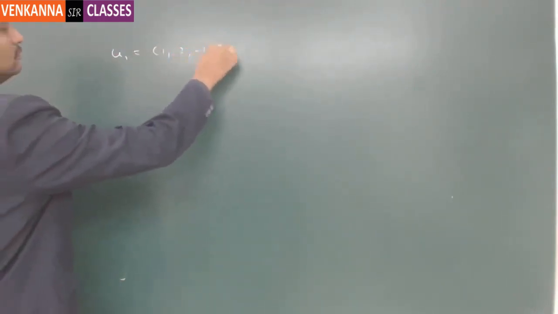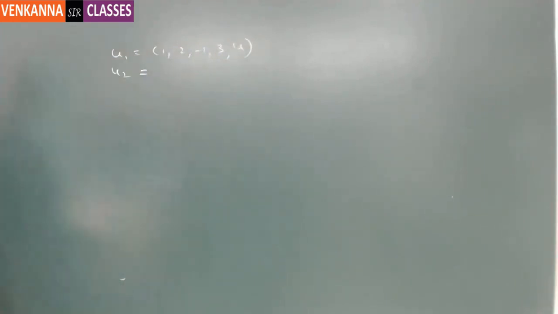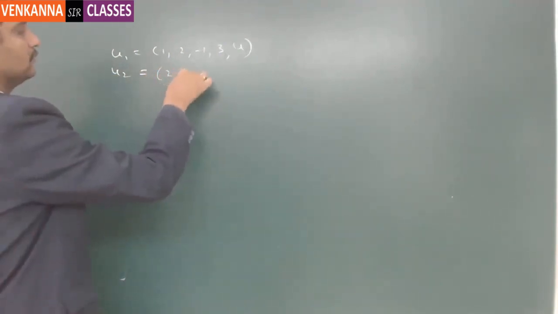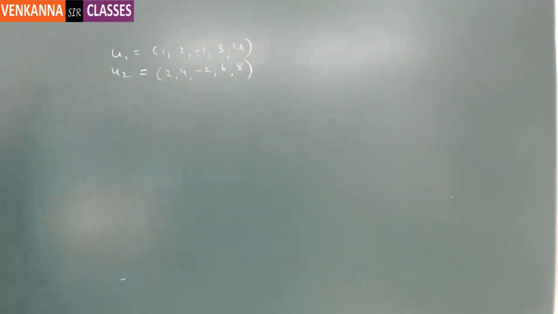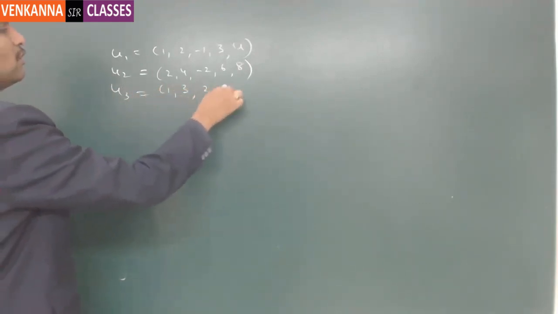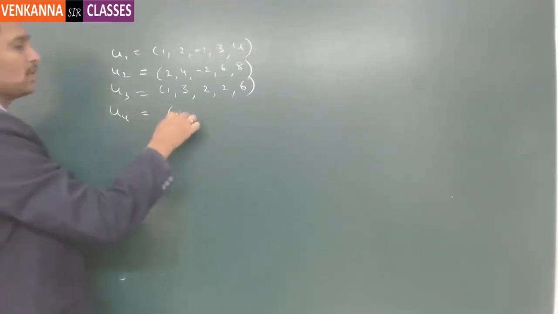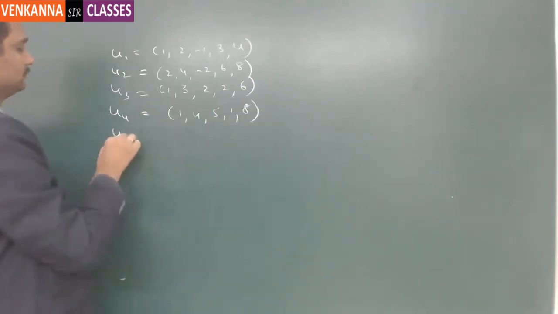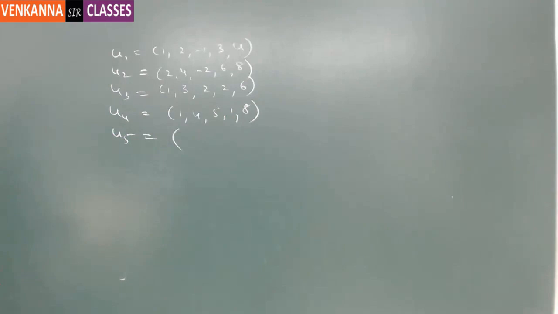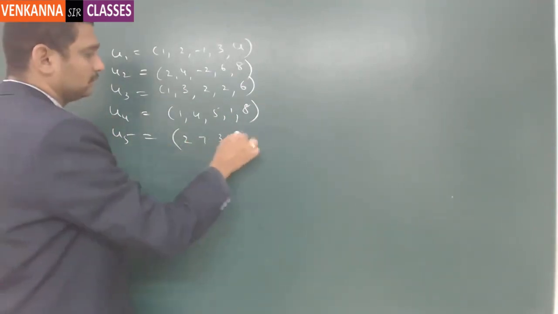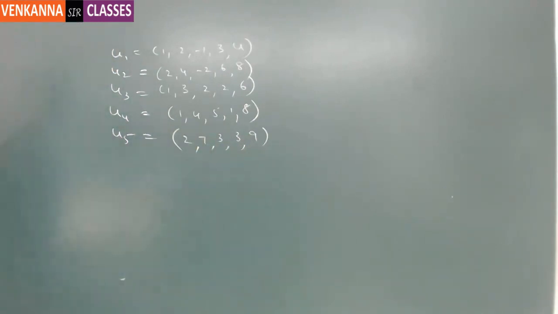Let us take the vectors u1 is equal to (1, 2, -1, 3, 4), and u2 is equal to (2, 4, -2, 6, 8), and u3 is equal to (1, 3, 2, 2, 6), and u4 equals (1, 4, 5, 1, 8), and u5 is equal to (2, 7, 3, 3, 9).